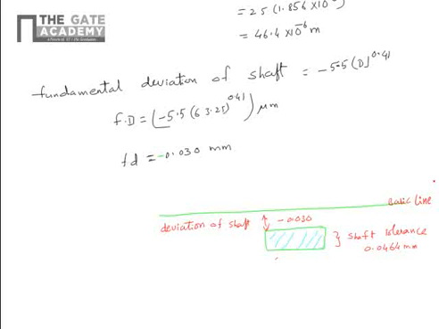Now we calculated all values, all are in mm, and now we need to calculate upper and lower limit of shaft. Basic size equal to 60, and upper limit of shaft is this one, and lower limit of shaft is here.